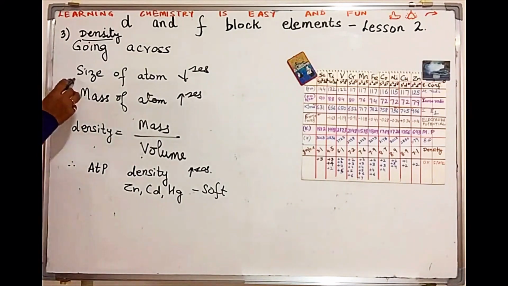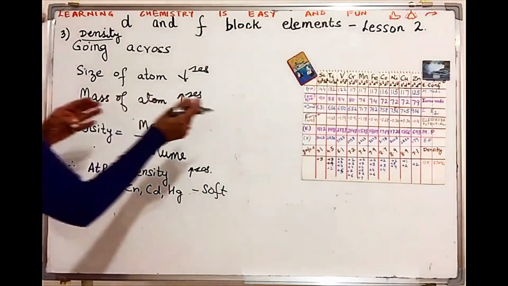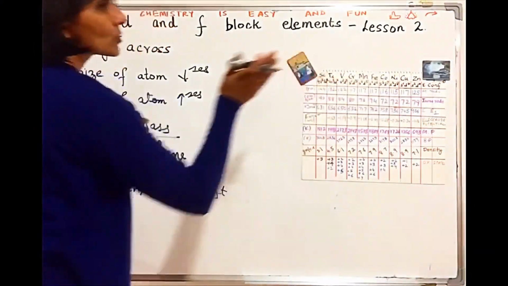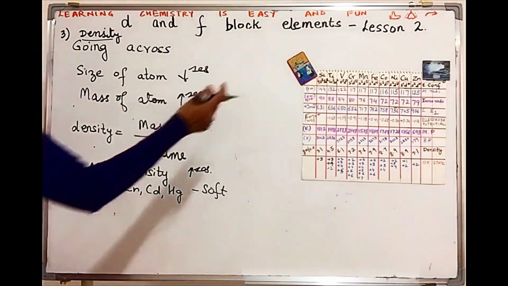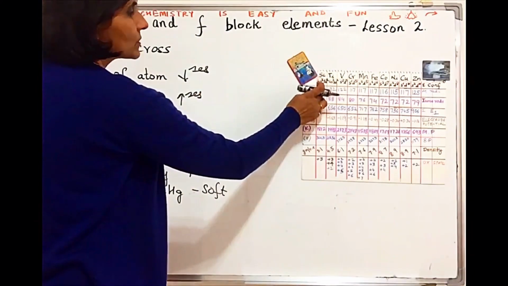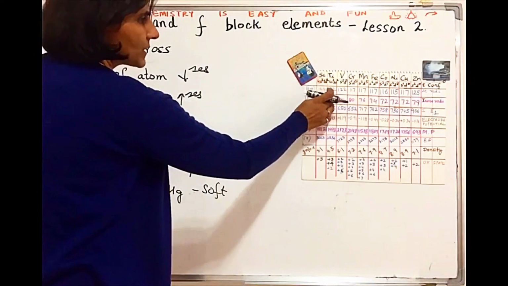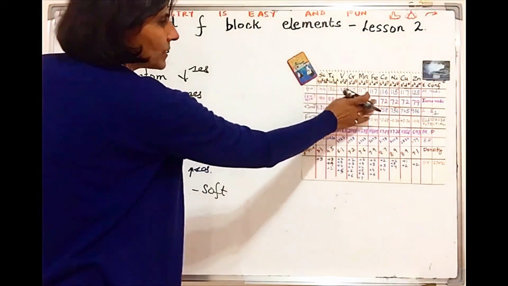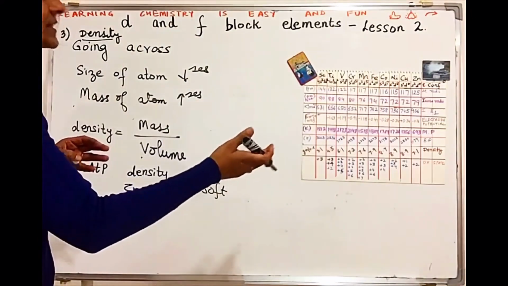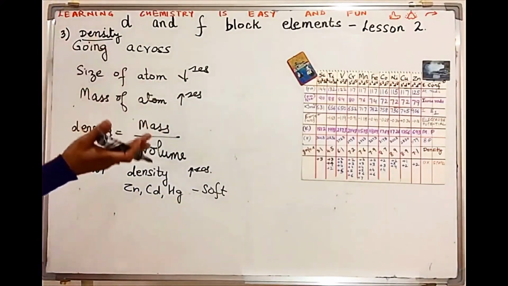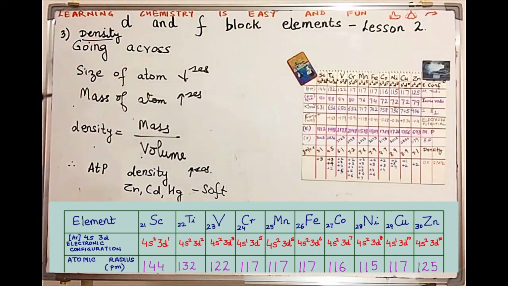What is happening to the mass of the atom as you are going across in any series? It is increasing, because we are talking about atomic number, scandium, titanium, vanadium, and so on. So as we are advancing, the atomic mass is also increasing.